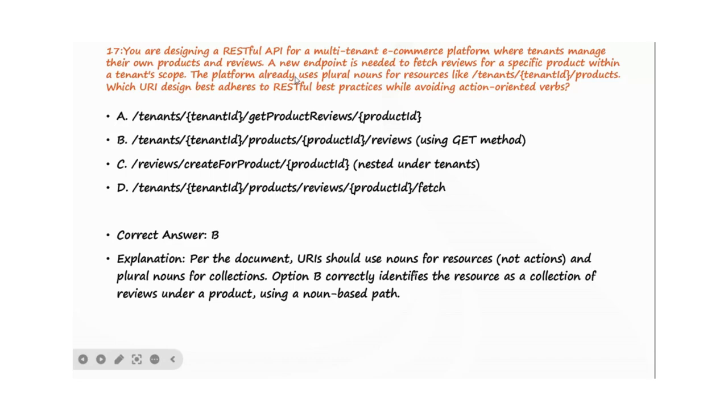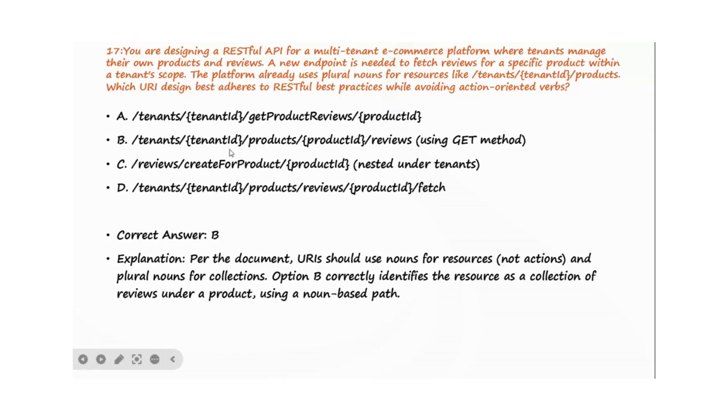The platform already uses plural nouns for resources like /tenants and /tenants/{tenantId}/products. Which URI design best adheres to RESTful best practice while providing action-oriented verbs?